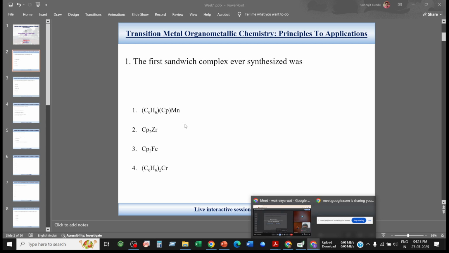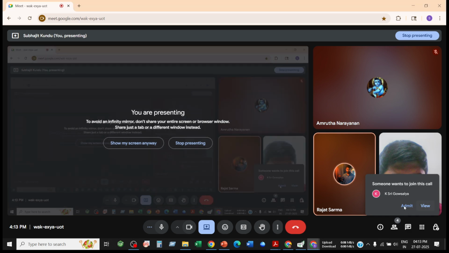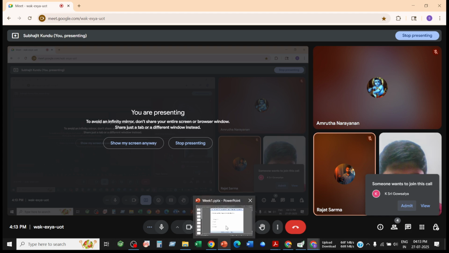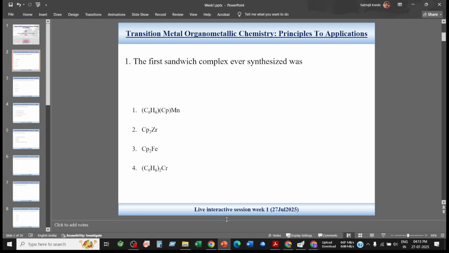So the first synthesized complex is ferrocene. Ferrocene, Cp2Fe, is the first synthesized organometallic sandwich complex.